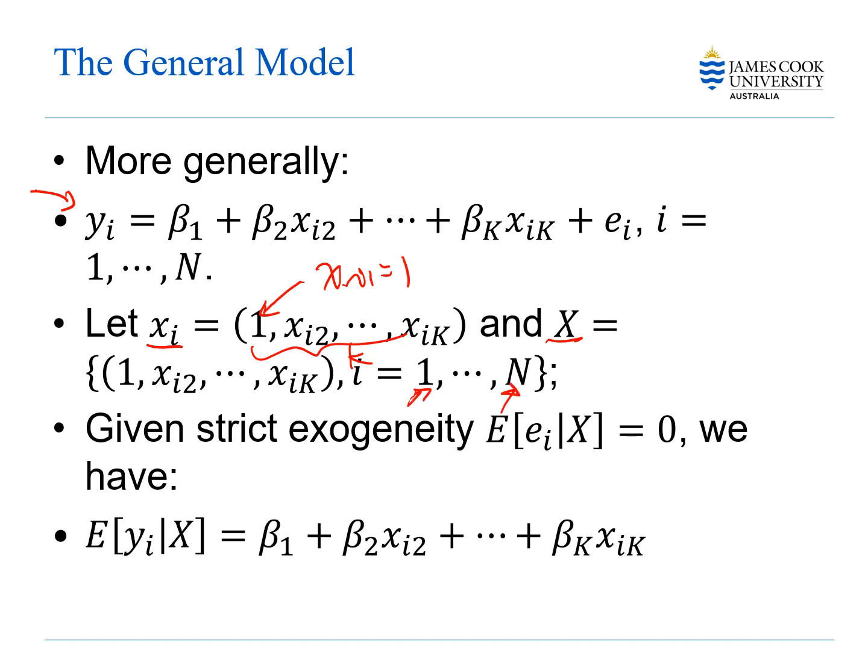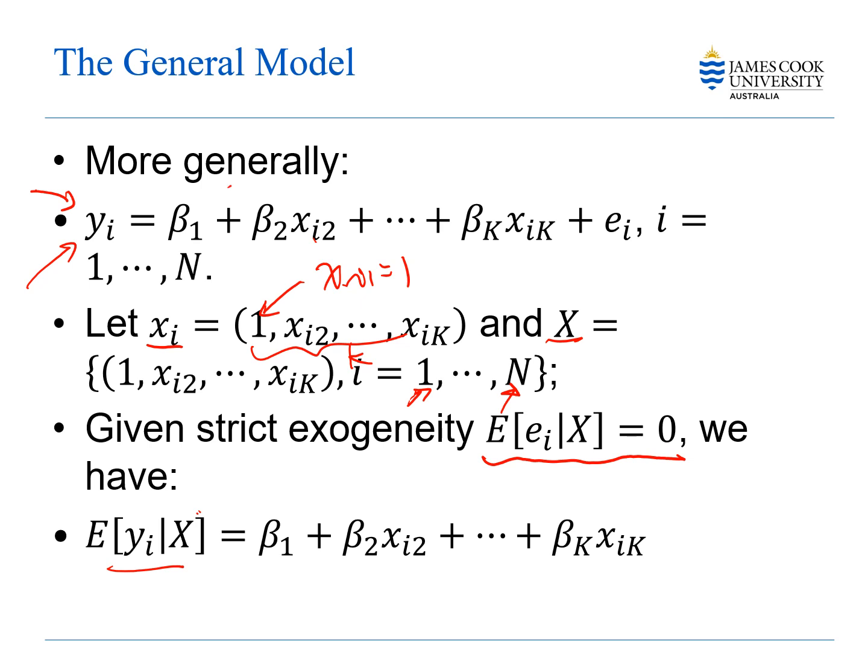If these X are strictly exogenous, which means that conditional on X, we cannot predict the error term ei, then taking expectation on both sides of this equation conditional on X, because X is data, we are treating it as a known constant.